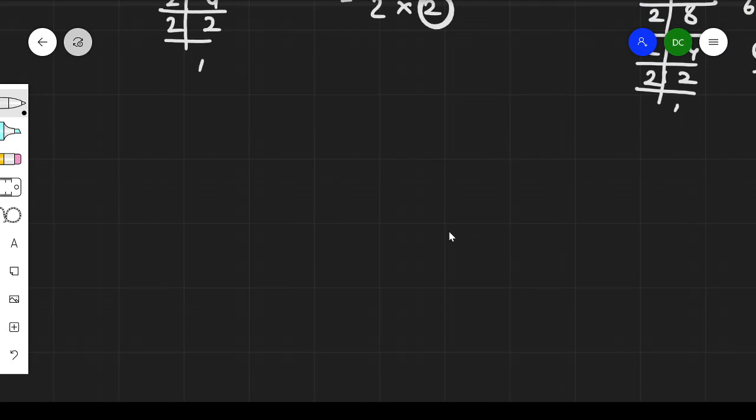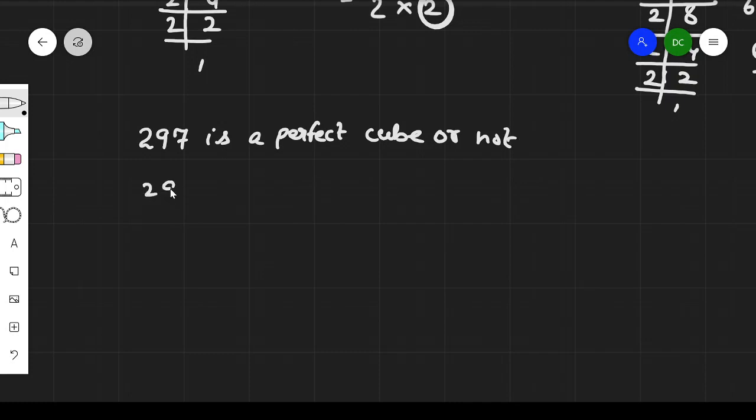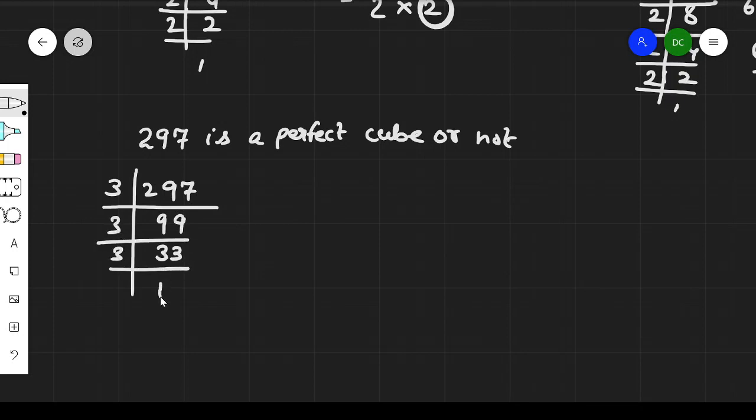Now let us check one more number, whether 297 is a perfect cube or not. How to check? Simply we will find the prime factorization of 297. 297 is divisible by 3, 3 9s are 27, and 3 3s are 9, 3 3s are 9, 3 1s are 3, and 11 1s are 11.